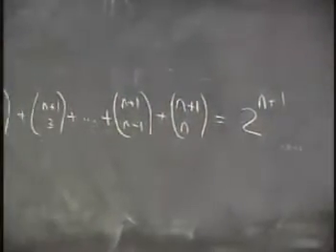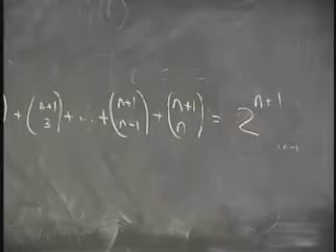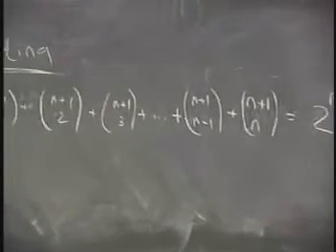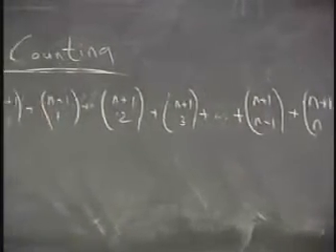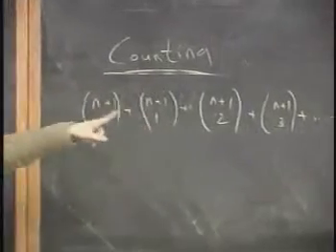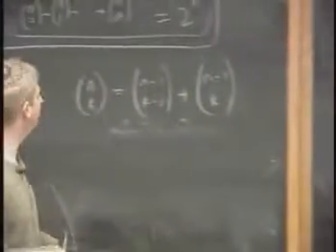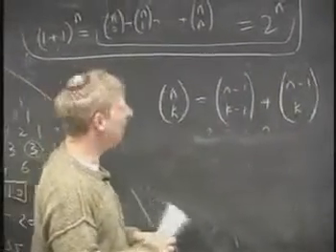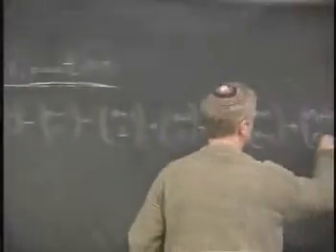This is what we want to prove. Everyone agree? I just took the formula before and replaced n with n plus 1. Now I don't know that this is true. I know this is true by my inductive assumption, and I'm going to try to prove that this is true. No, we want to add an n plus 1 choose n plus 1. The last term is n plus 1 choose n plus 1. Right, thank you.